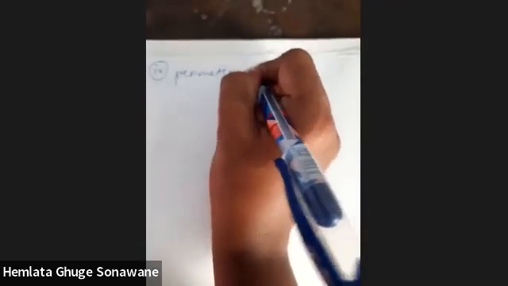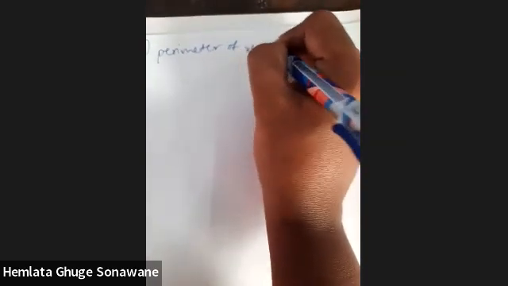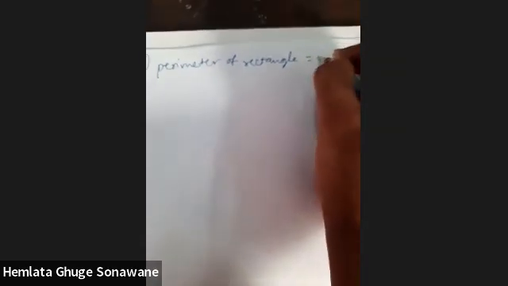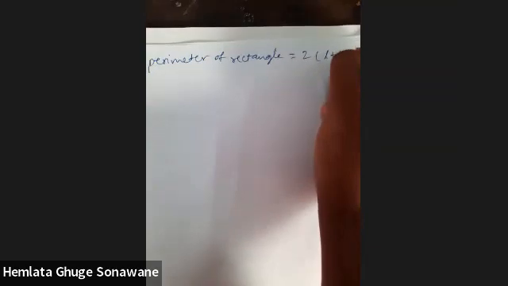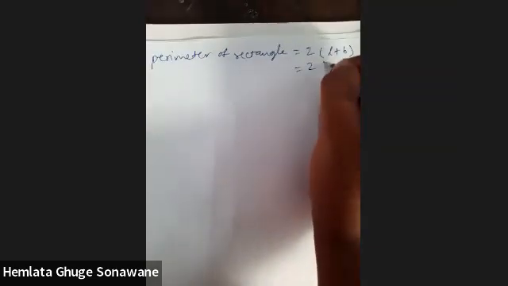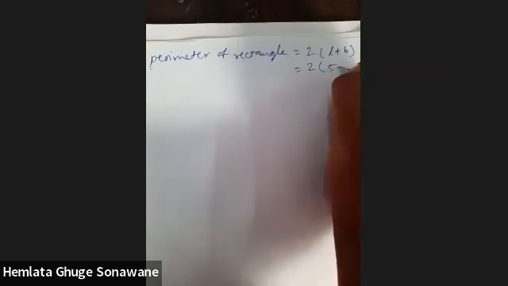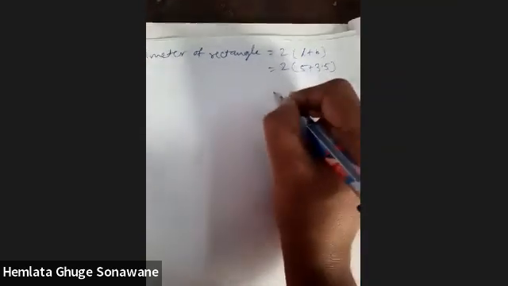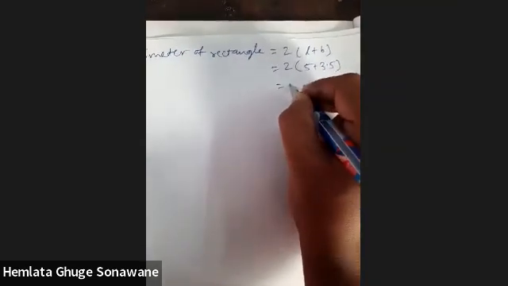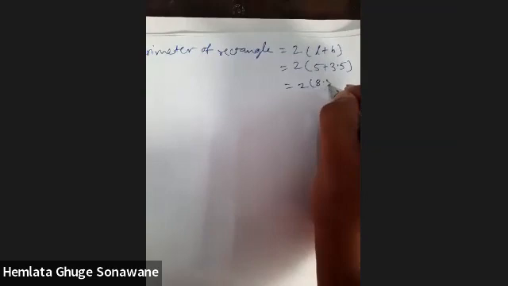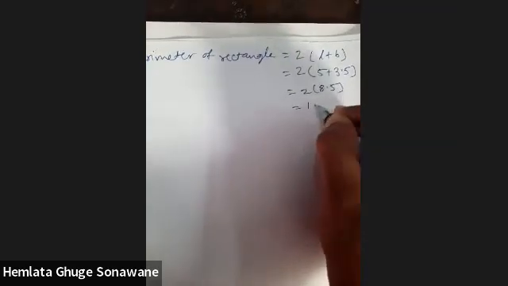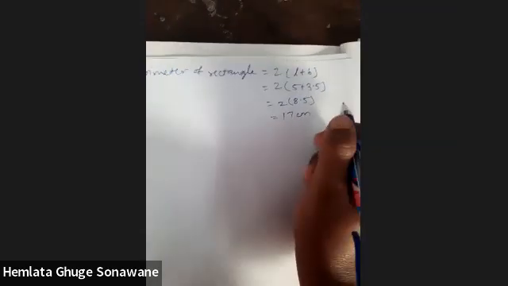So perimeter of rectangle is equal to 2 into length plus breadth. That is 2 into 5 plus 3.5. So 2 into 8.5 becomes 17 centimeters.